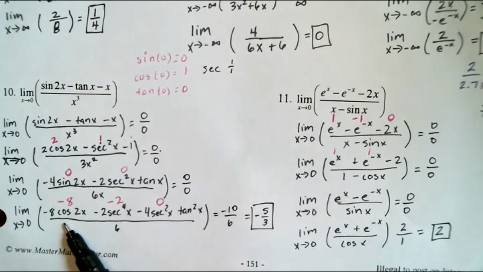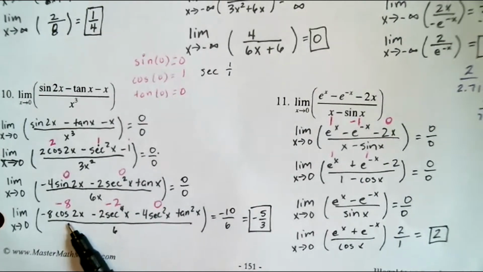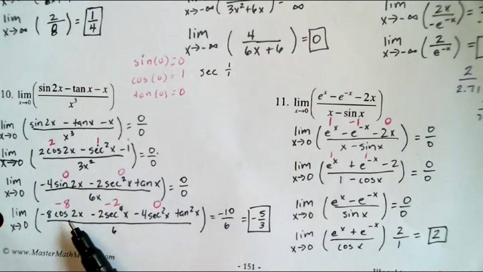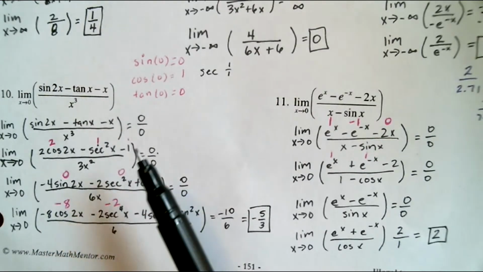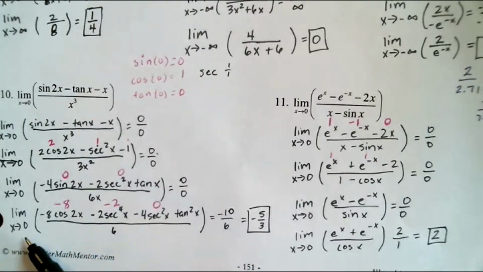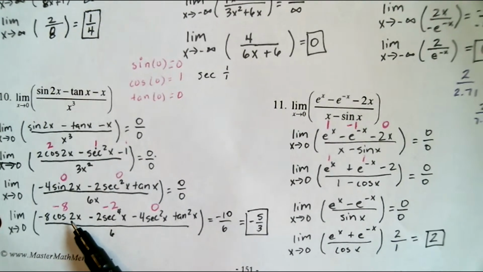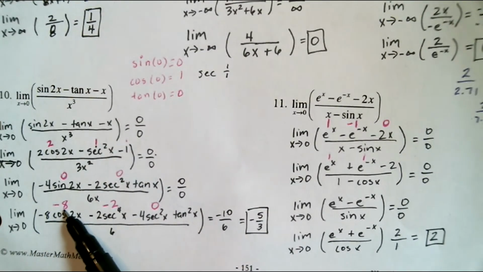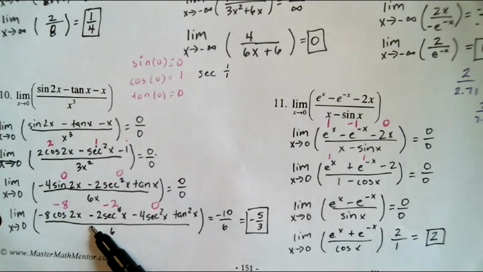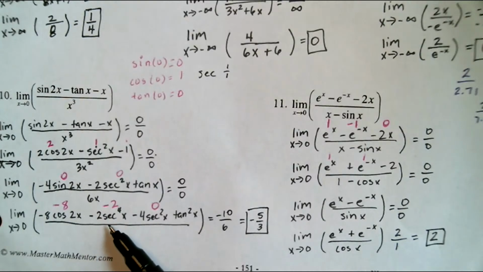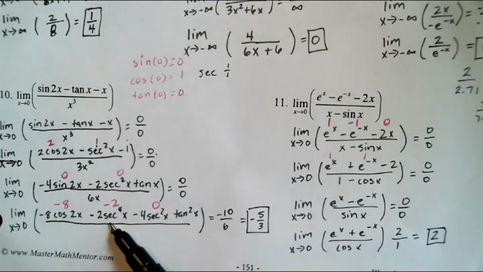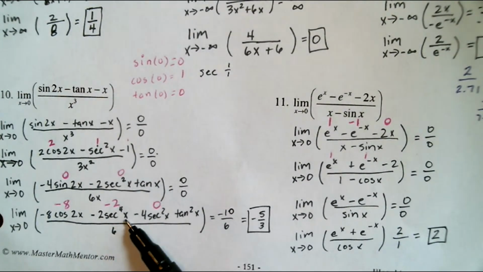So cosine of 2 times 0, plug 0 in, and then 2 times 0 is 0. Cosine of 0 is 1. 1 times -8 is -8. And then -2 times secant of 0, which is going to be 1.